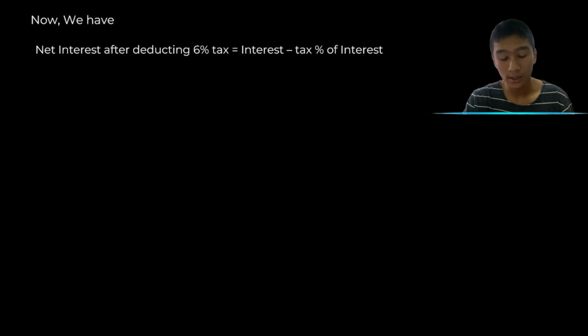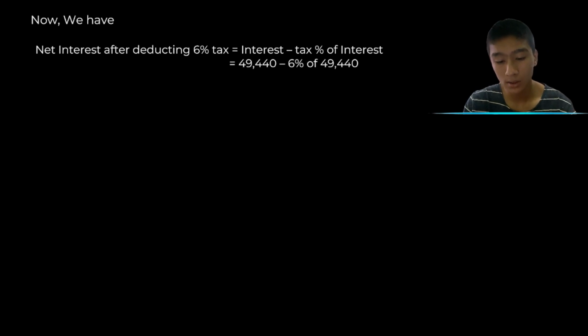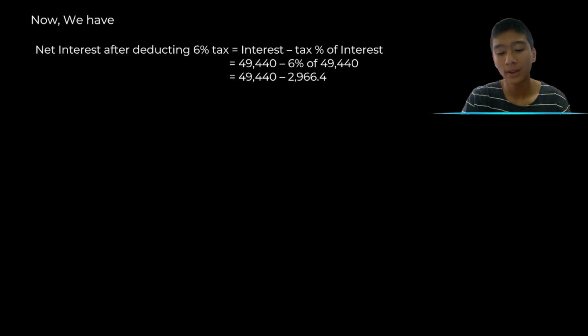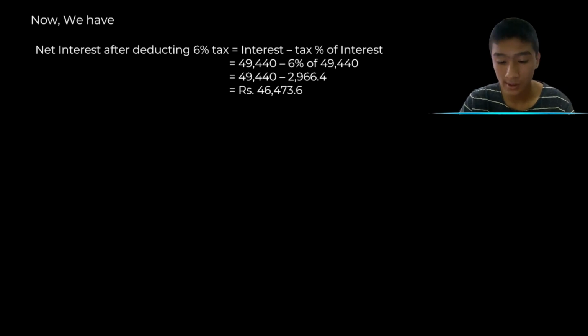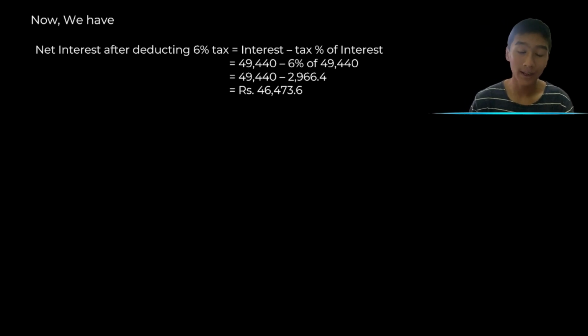Now the net interest after deducting 6% tax is equal to interest minus tax on the interest. Our interest is 49,440 minus 6% of 49,440. 49,440 minus 2,966.4 rupees, which gives 46,473.6 as our net interest after deducting the tax.